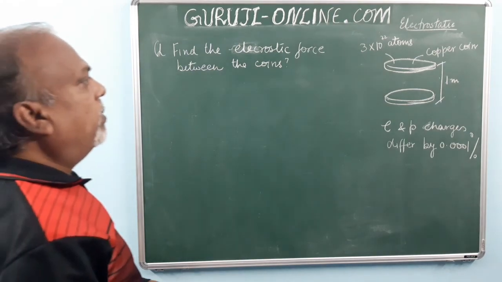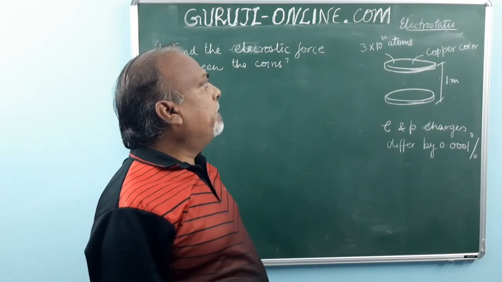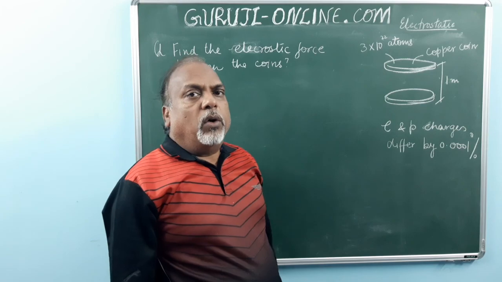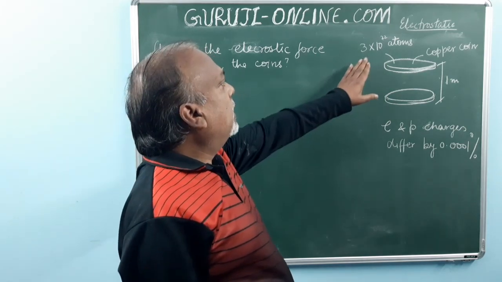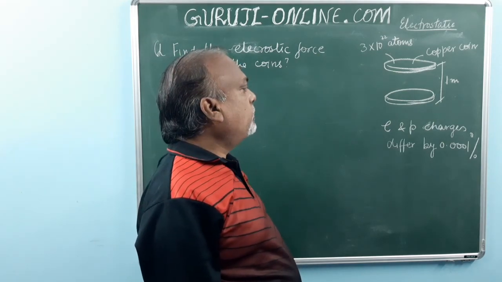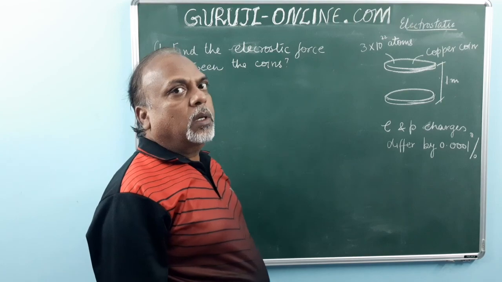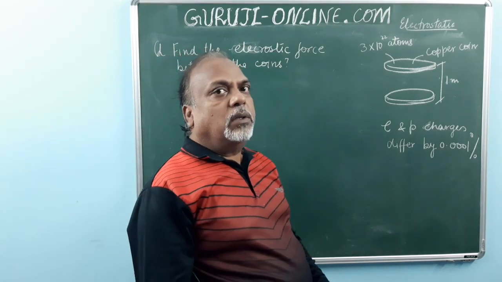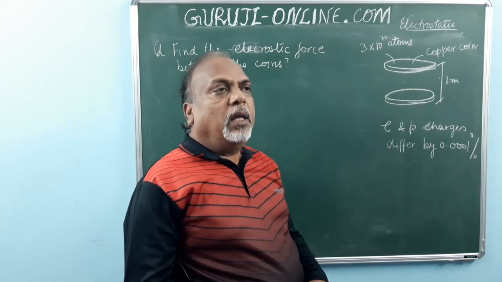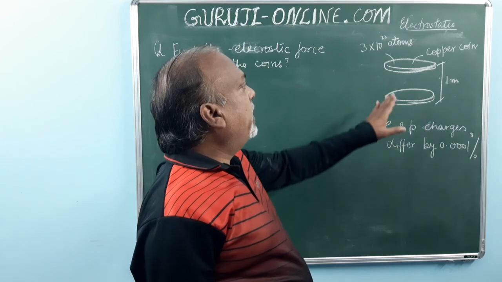Now in this problem, basically two copper coins are given, they are 1 meter apart. And every copper coin is having 3 into 10 raised to 22 atoms. So generally we know that the charges on electron and proton are the same, and that's why these coins will be neutral.